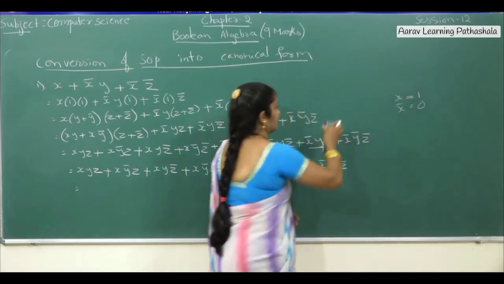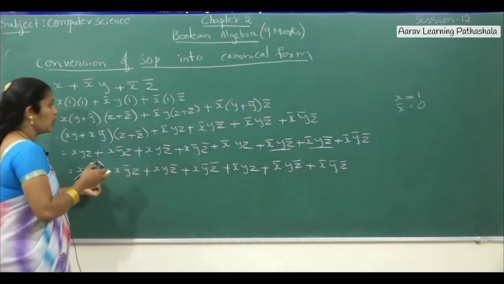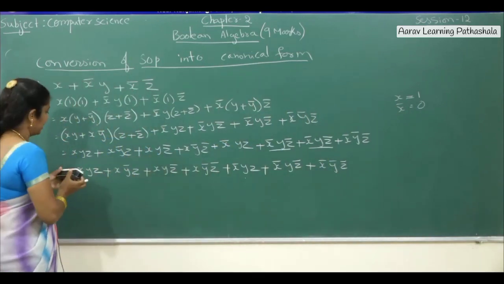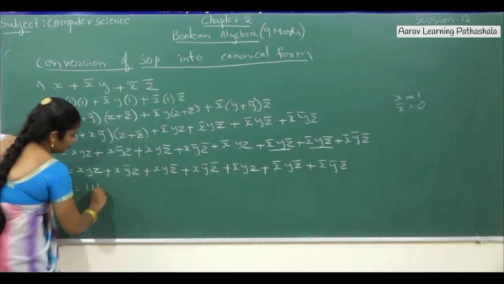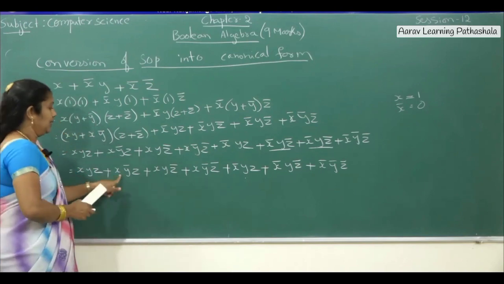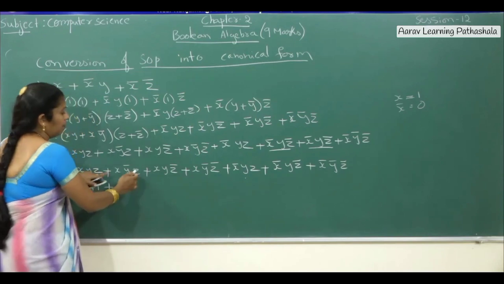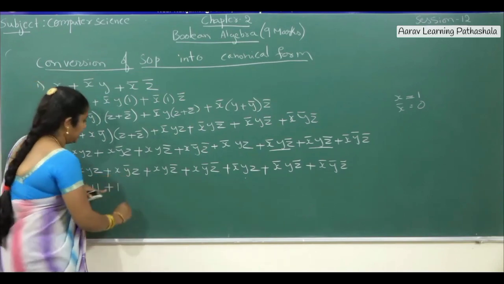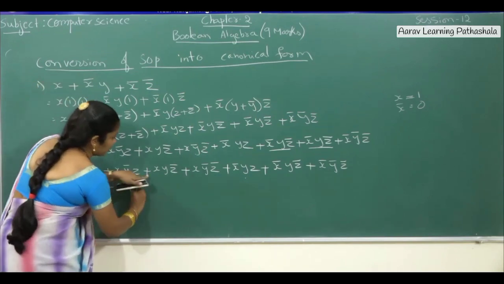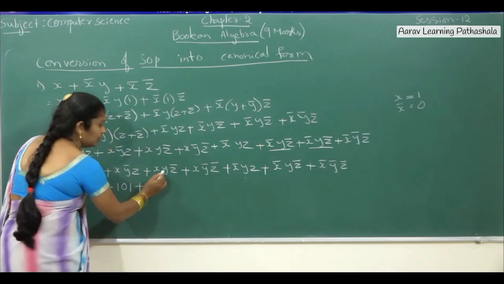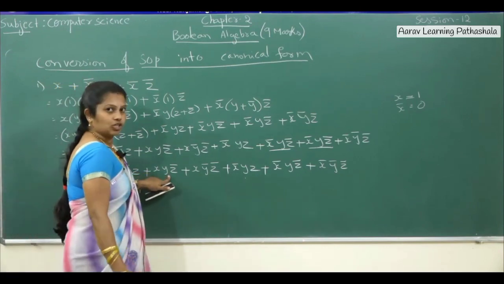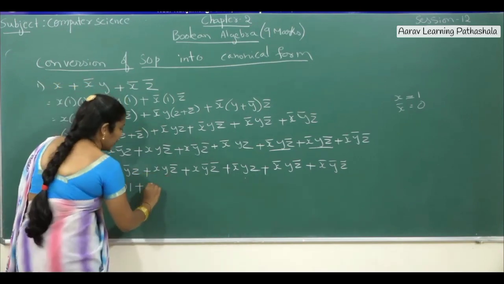Now in the same pattern, here we write x, y, z. We don't have any complement, so write 1, 1, 1. Plus, next x does not have any complement, that's why 1, but for y we have complement, then 0, then 1. Plus, for this one, x and y do not have any complement, so 1, 1.